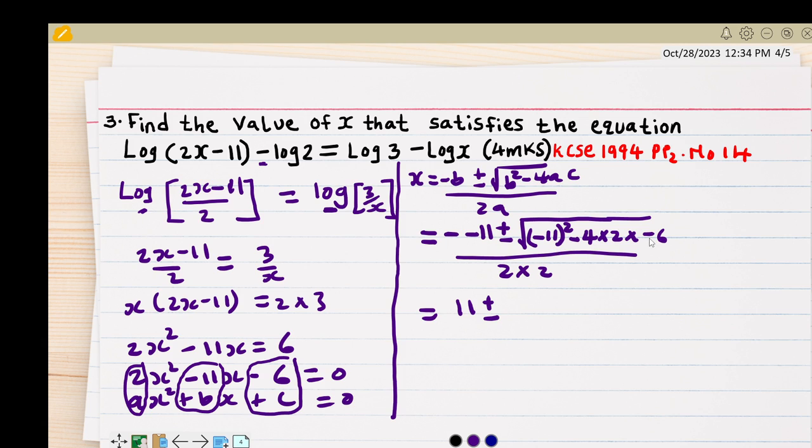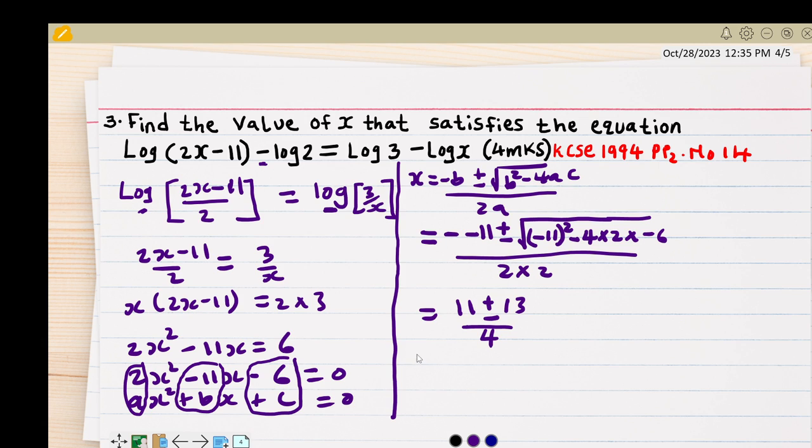This one you feed it on your calculator. So open bracket, negative 11 squared, then minus 4 multiplied by 2 multiplied by negative 6. I'm going to get 169. Then the square root of 169 will give me 13. So this part will give me 13, then the whole thing is divided by 4.